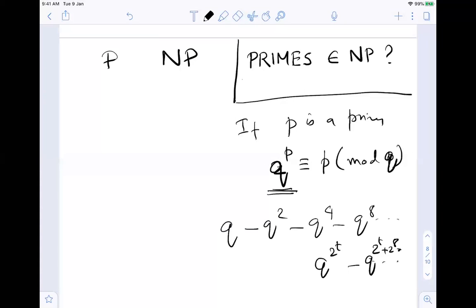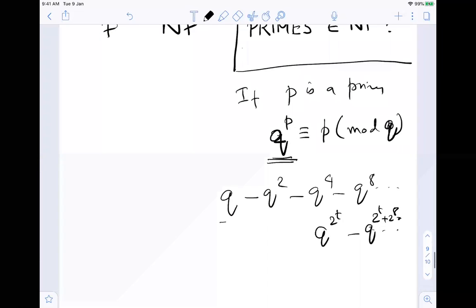So the total number of multiplications is logarithmic. So I can take a number q, raise it to the power p in log p steps, and check whether that number is congruent to q mod p. If it is not, I know that it is not a prime.